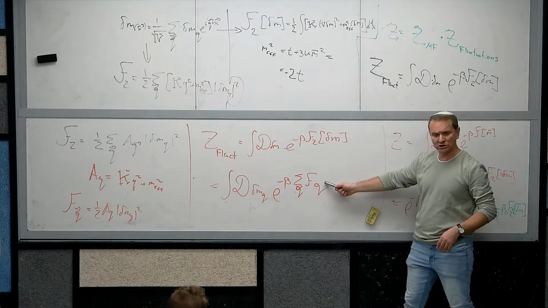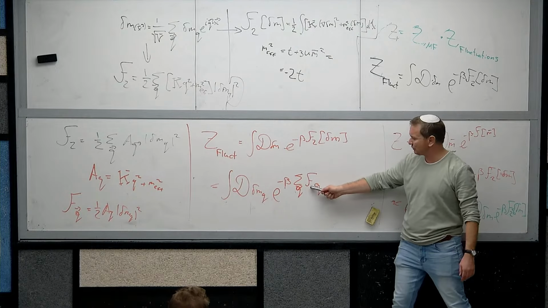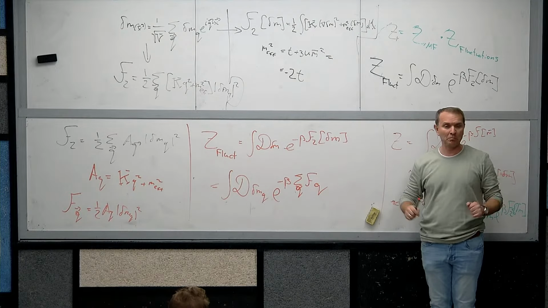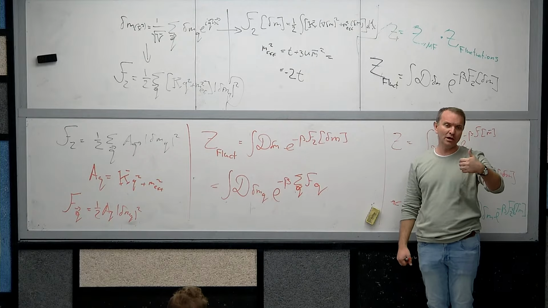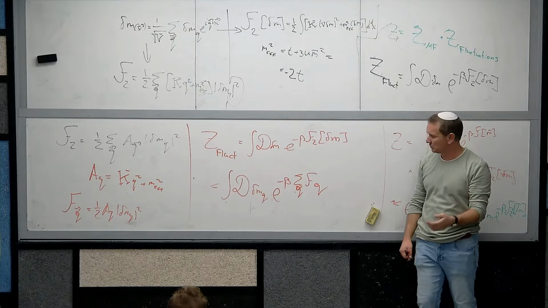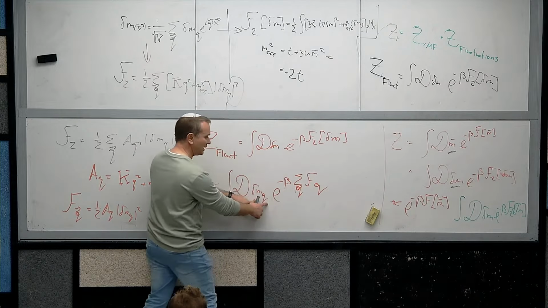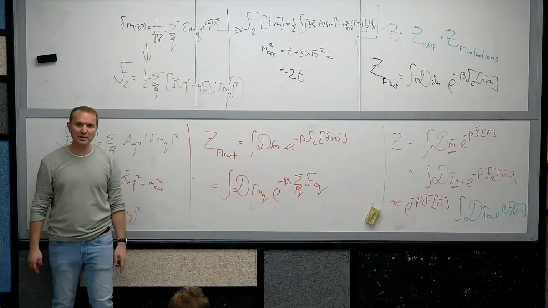My energy is a sum over different F_q's. Great. The other input: all those entities have to be completely independent of each other. All those delta m_q are completely independent.